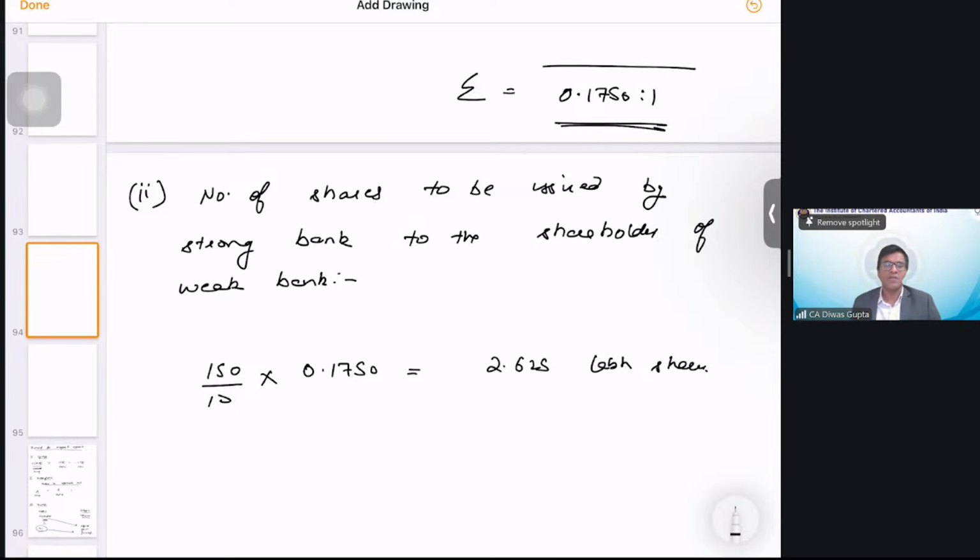Yes, very good, Saminathan. So these are the number of shares that will be issued to the weak bank's shareholders.